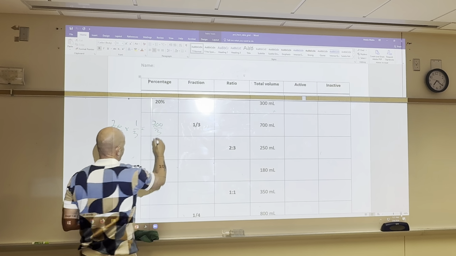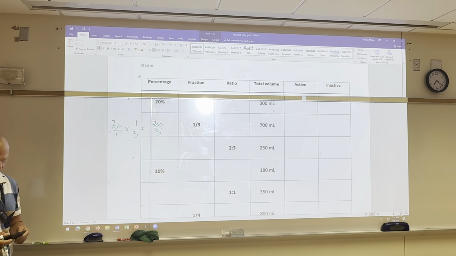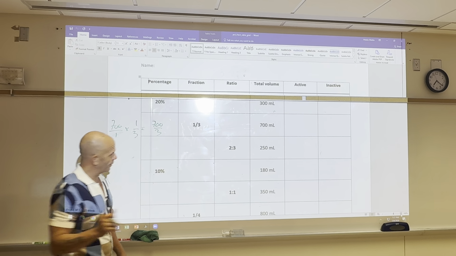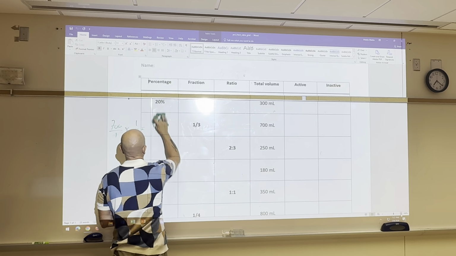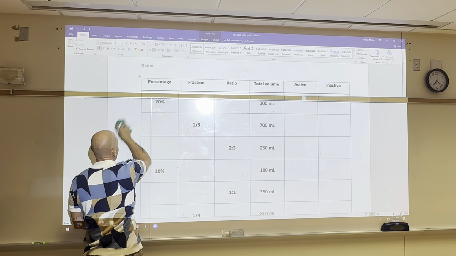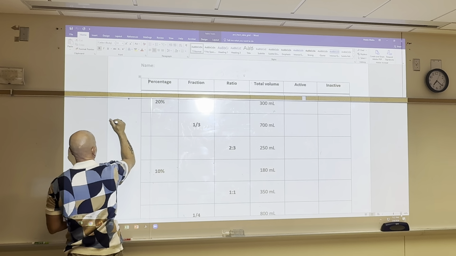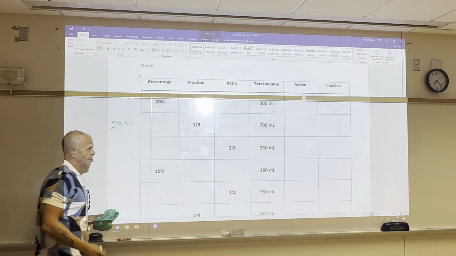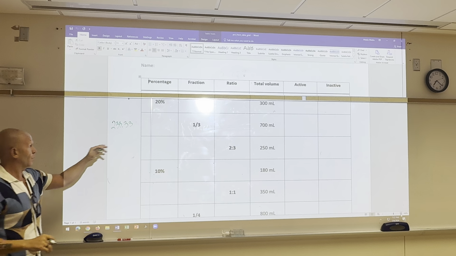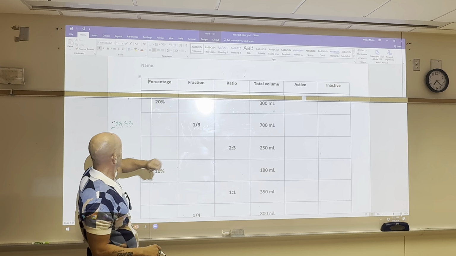700 divided by 3, what do you get? 233.33333. Well, we can only use so many of those 0.3333s, right? We're going to do 233.33, okay? One of these would be like 0.34, but let's just do it this way.